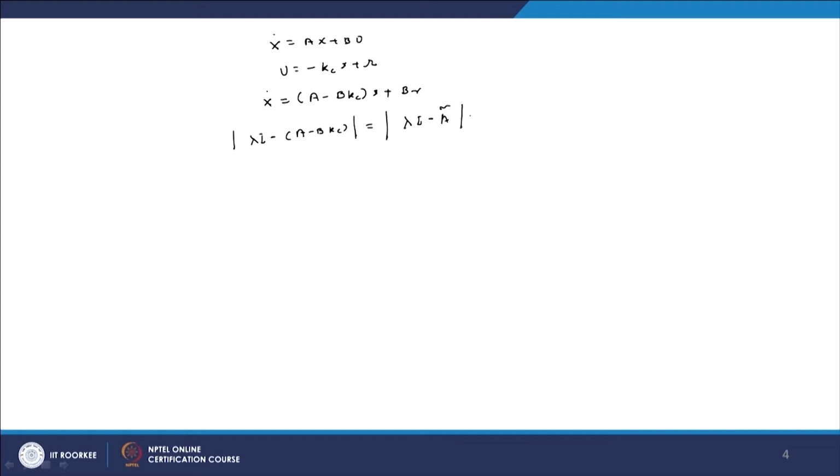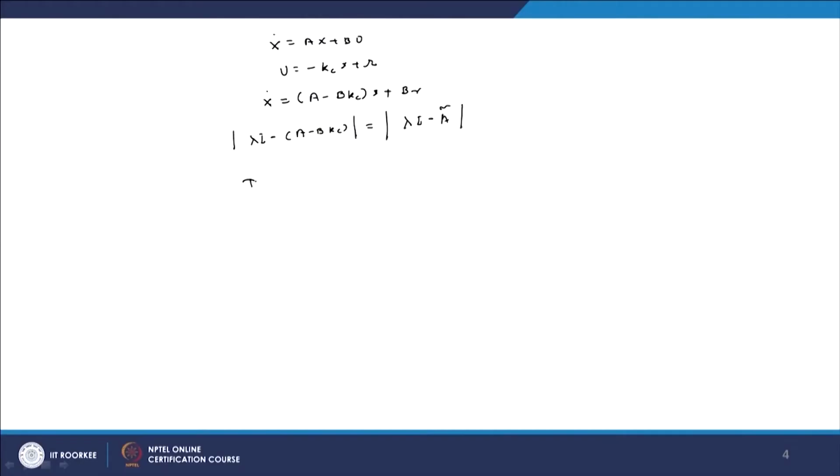Now we have desired eigenvalues or the poles which have to be placed. That desired eigenvalues or poles we can write down as lambda 1, lambda 2 to lambda n.